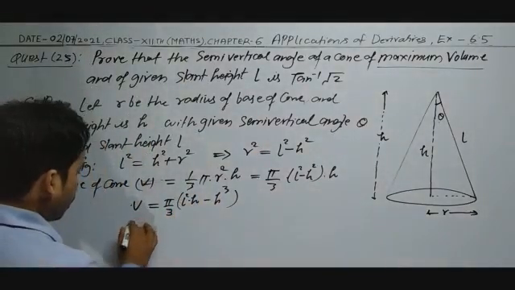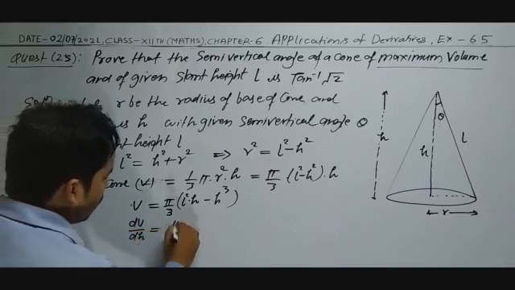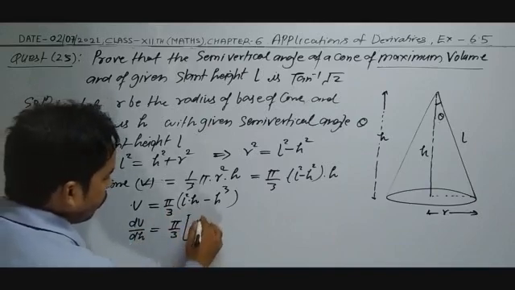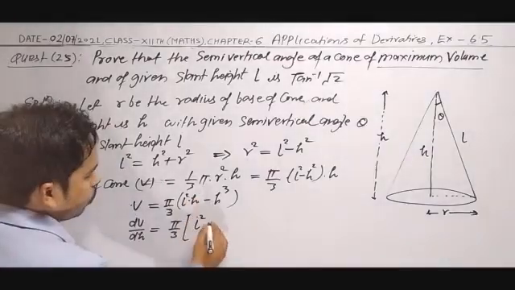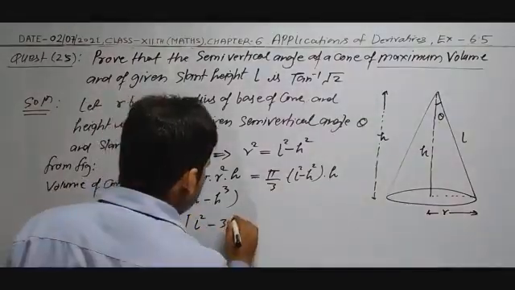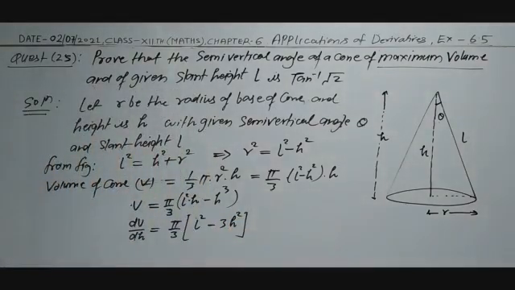So differentiate with respect to h. dV by dh, what will be the result? Pi by 3, and the differentiation of h is 1, so L square minus 3 times h square. And you will equate it to 0.